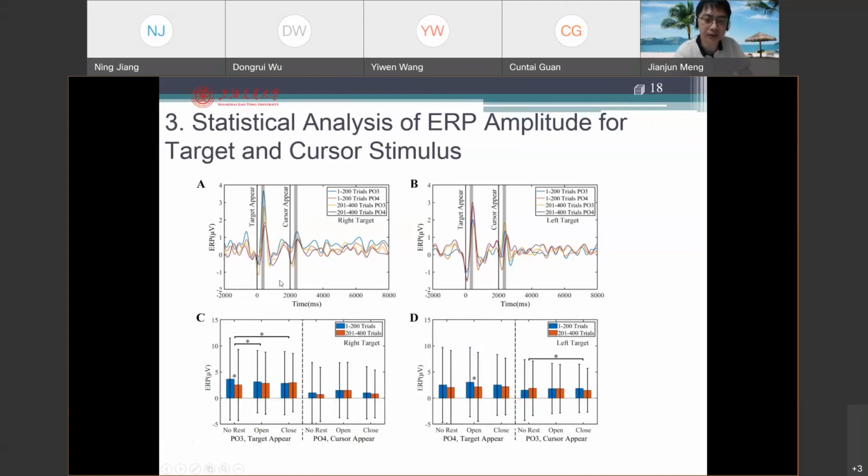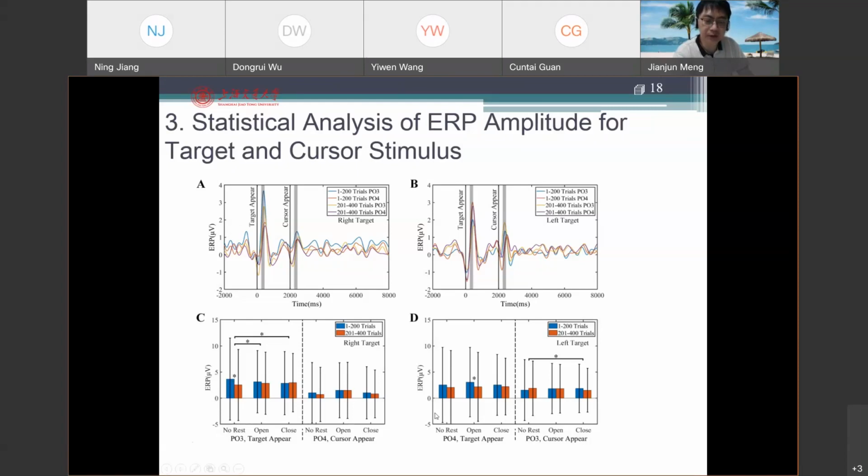And for the right target, the analysis of ERP amplitude, especially in the contralateral PO3, indicated that the ERP caused by the target appearing significantly decreased, especially in the no rest condition.